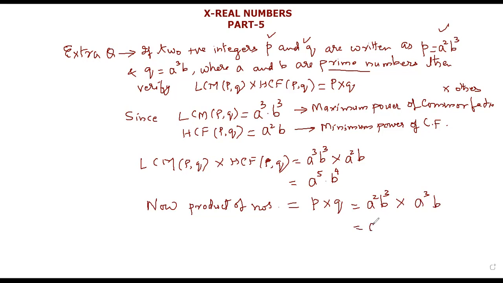So 3 plus 2, a raised to power 5 and b raised to power 4. So you can see both are equal. Therefore, LCM into HCF is equal to the product of the numbers. It is verified. So sometimes instead of giving some numbers, they can ask like this.